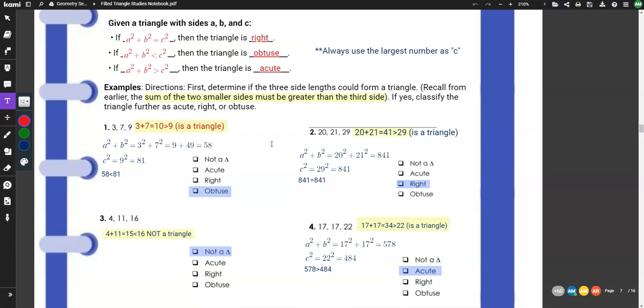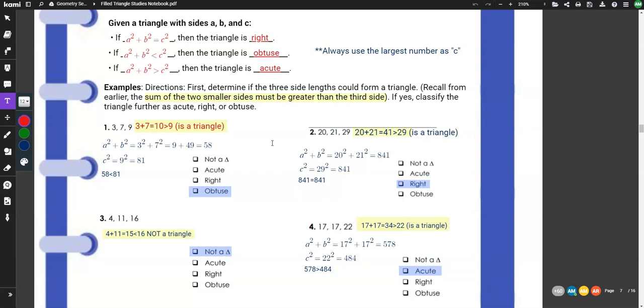C squared is 29 squared, which is also 841. Since the two values are equal, this is a right triangle. Number 3, 4, 11, 16. 4 plus 11 is 15, which is less than 16, so this is not a triangle.